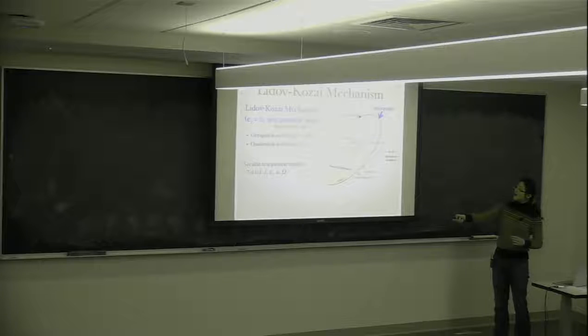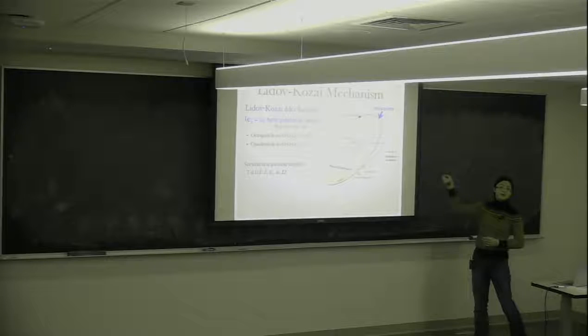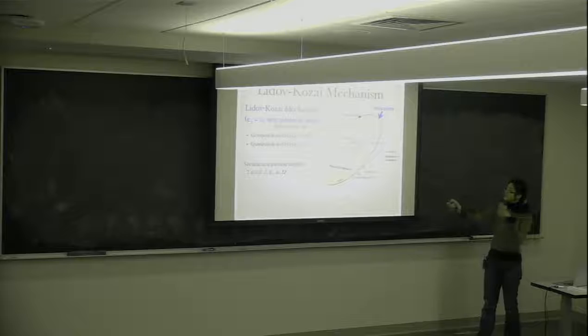The argument of pericenter, small omega, determines the orientation of the orbit in its orbital plane, and the big omega determines the orientation of the orbit in the reference plane.